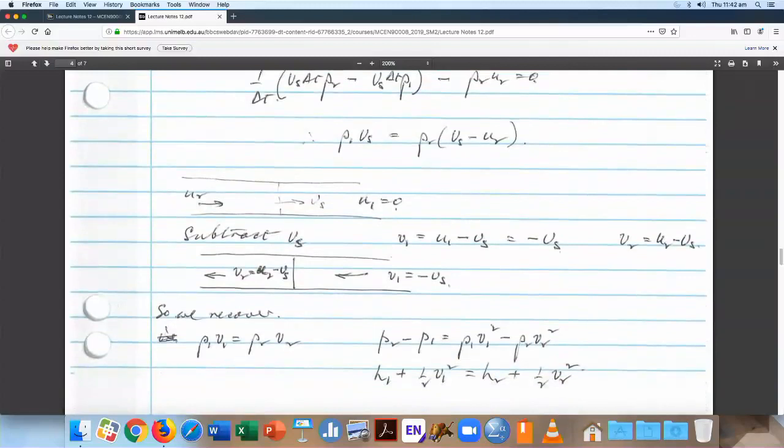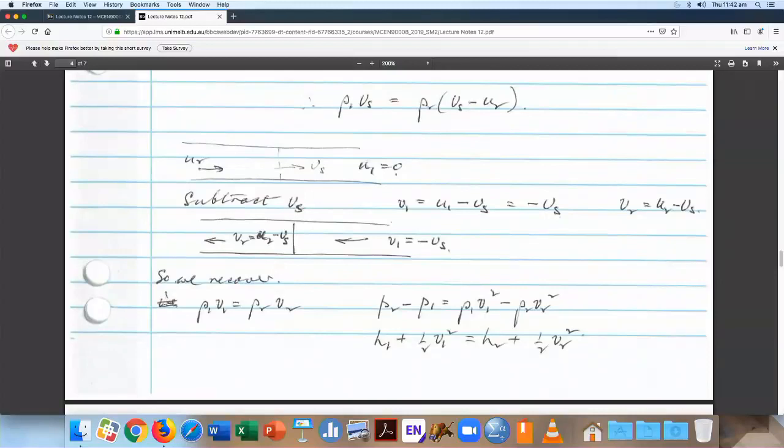So we recover rho 1 V1 is equal to rho 2 V2, where in the steady case I've called these V's in this direction. So all of the results that I've worked out for you for a stationary shock can be applied here. You just have to be a little bit careful.